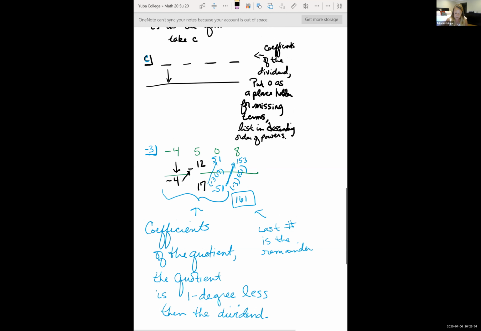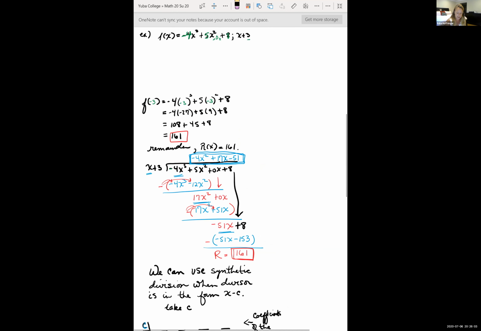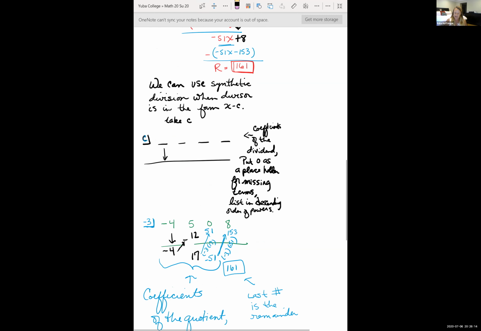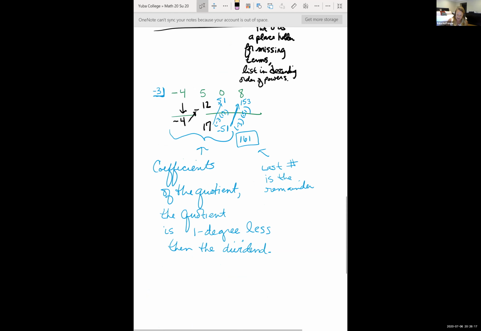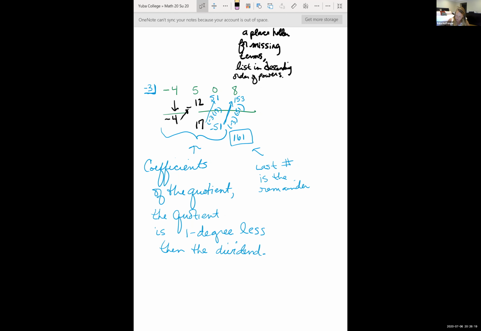So here we had a degree 3 polynomial that we were dividing into. So that tells me that that first coefficient is of the x squared term, 1 degree less. And so this here I could write as my quotient, q of x, is equal to negative 4x squared plus 17x minus 51.